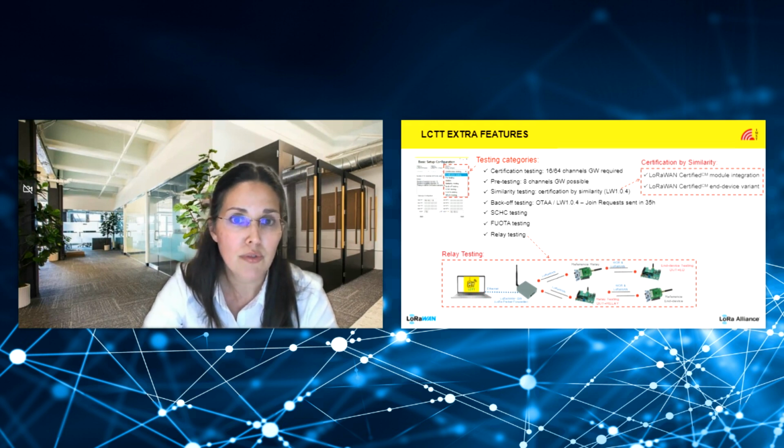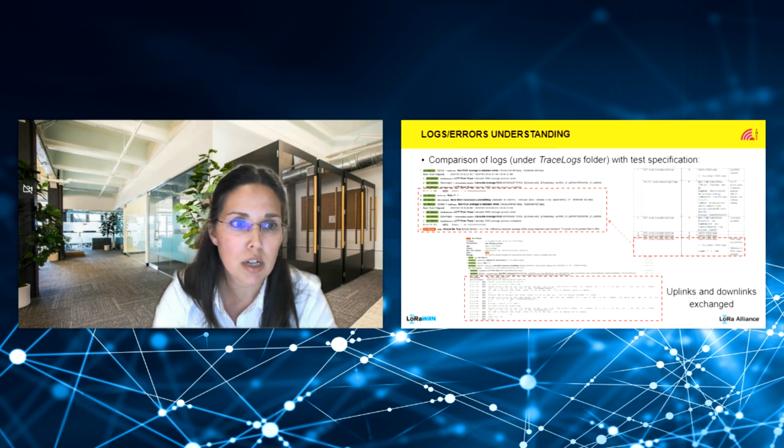So apart from this, we could finish the webinar, including some information on how to understand any error in the logs, and also to know that this information can be easily found in the test specification.